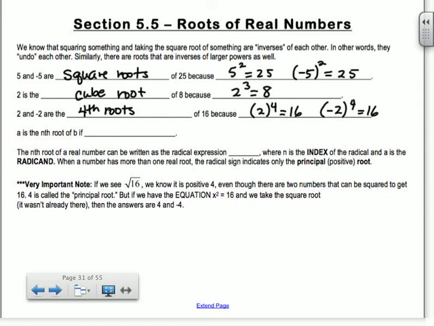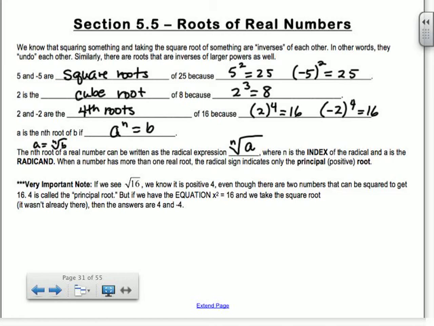And then A is the nth root of B. That's what we're saying right there, if A to the n equals B. Okay, the nth root of a real number can be written as the radical expression nth root of A, where n is called the index, and A is called the radicand.